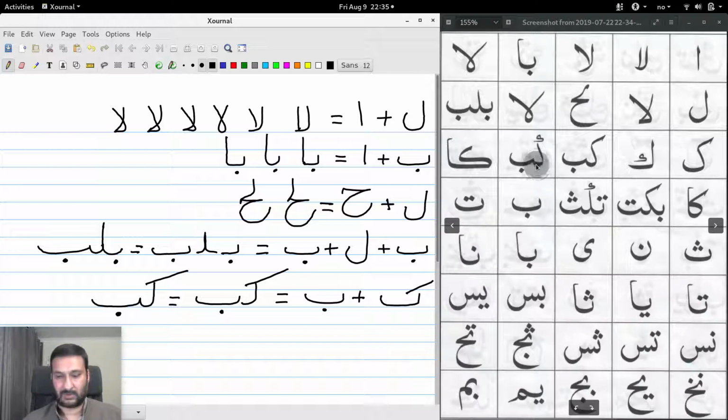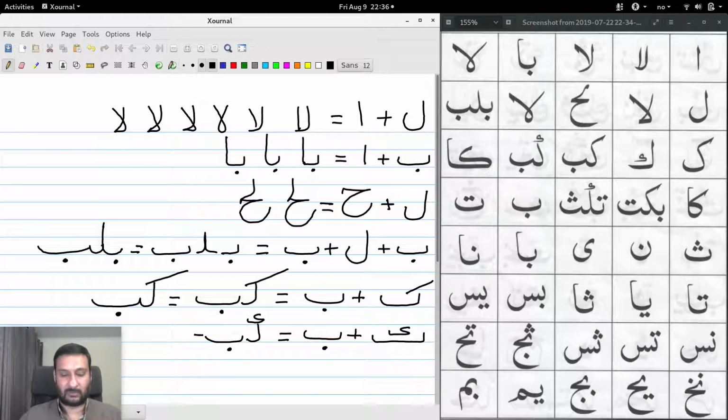The next word is also kaf ba, which is this kaf plus ba. So this is just a different way of writing kaf, and when it's written like this, it can show up like so, kaf, and this mark would actually be here, and then ba, and it would look like so, kaf and ba.